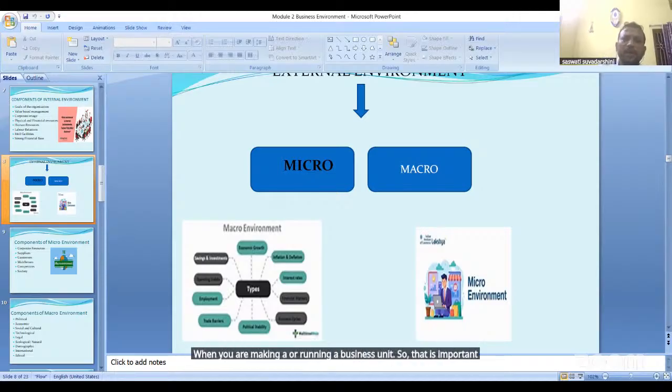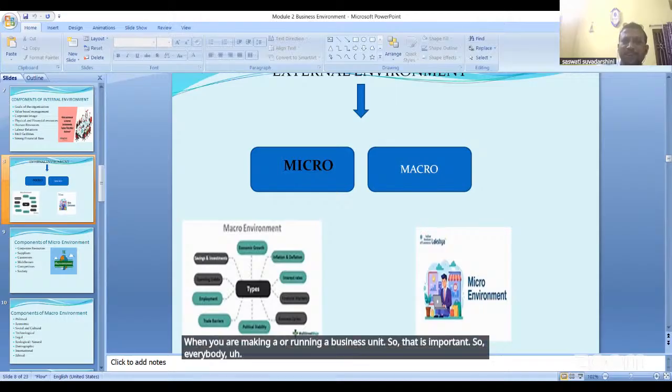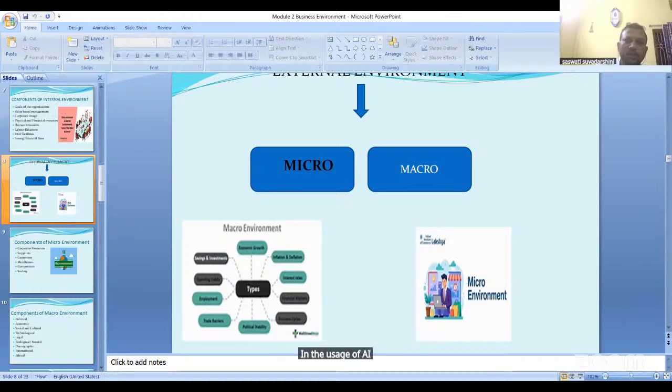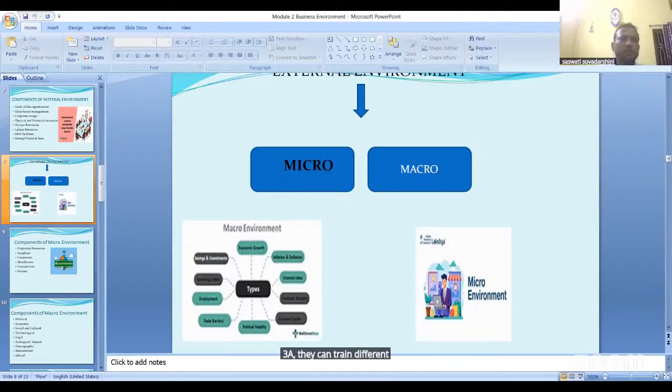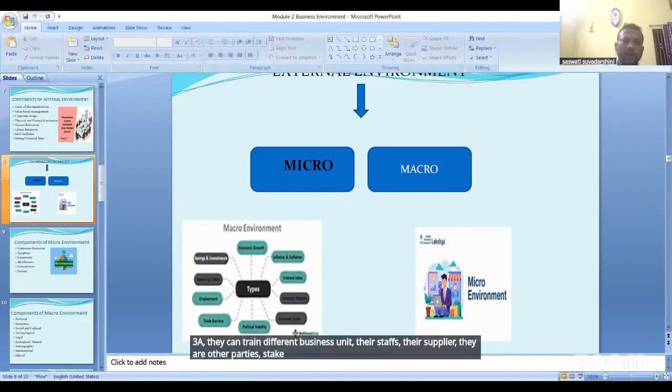Nowadays things have changed for every business unit. With the use of AI, there is no need for physical training. They can train through AI: different business units can train their staff, their suppliers, other parties, stakeholders.